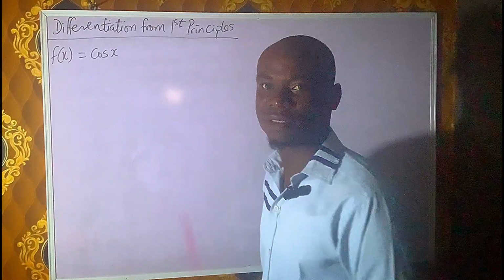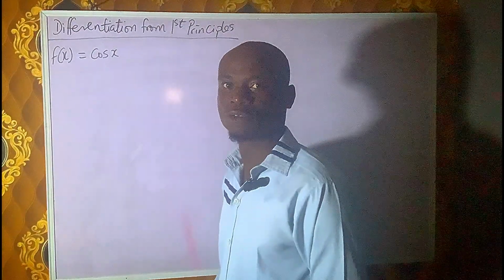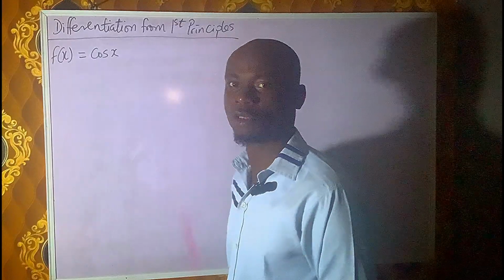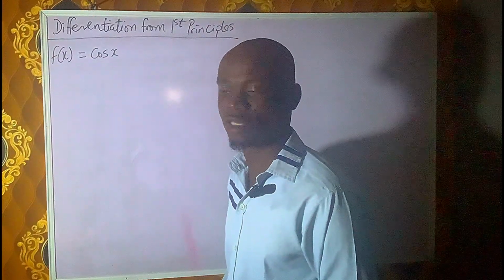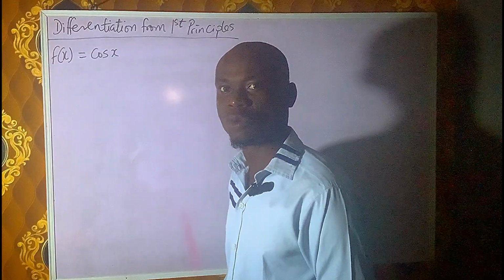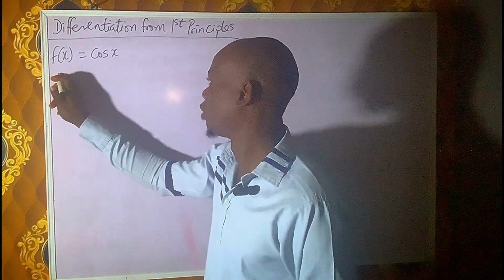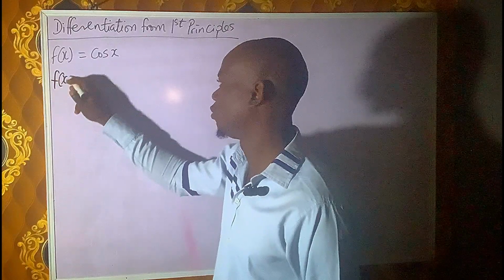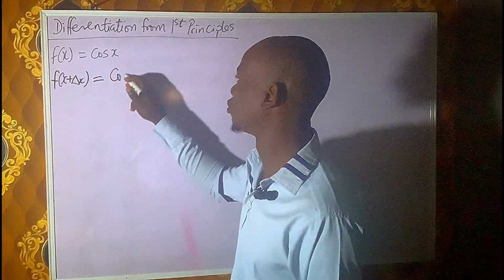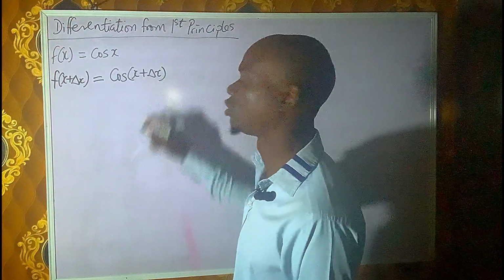So this is another example on trigonometry. We're looking at the trigonometric function of cos x. So if we follow the steps we gave in the first video for first principle, we are going to replace x with x plus change in x on both sides. So I have f of x plus change in x equals cos of x plus change in x.